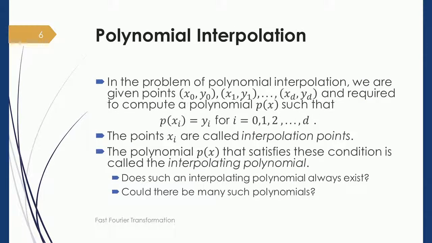The points x sub i are called the interpolation points, and the polynomial that satisfies these conditions, that is the polynomial that actually goes through all the d plus 1 points that we have mentioned, is called the interpolating polynomial. This is interesting because there are some natural questions that arise.